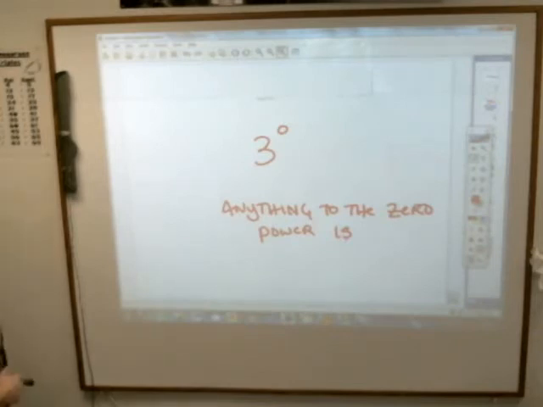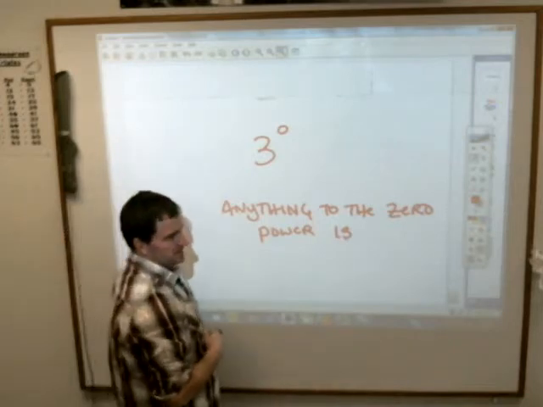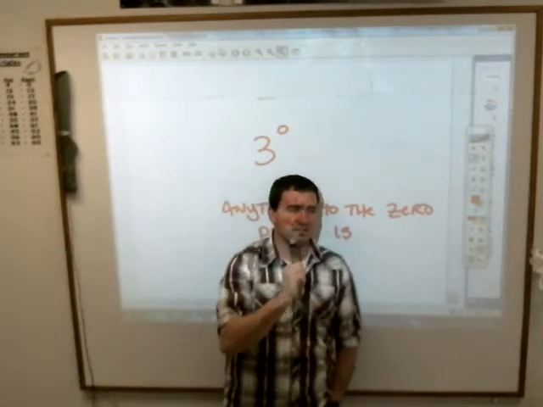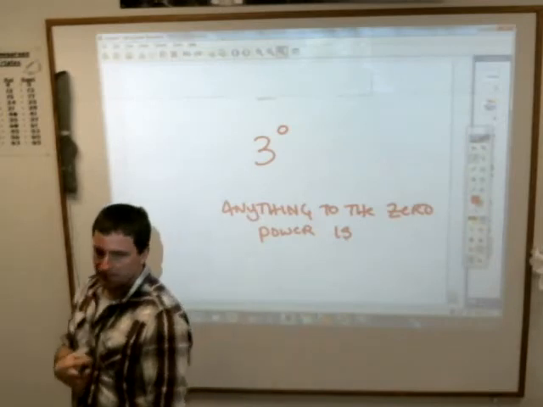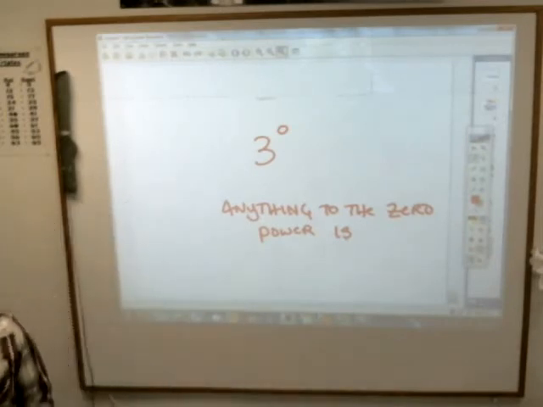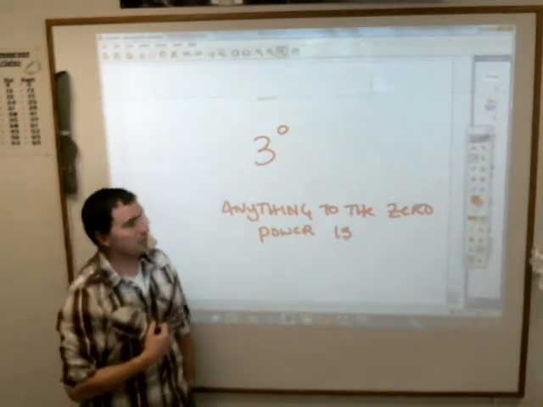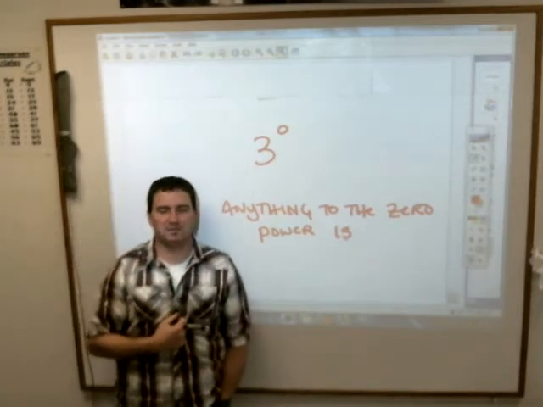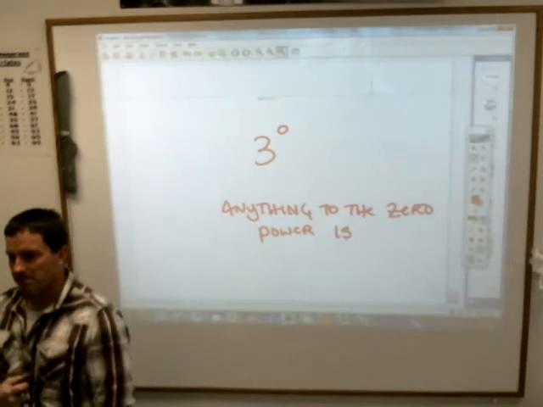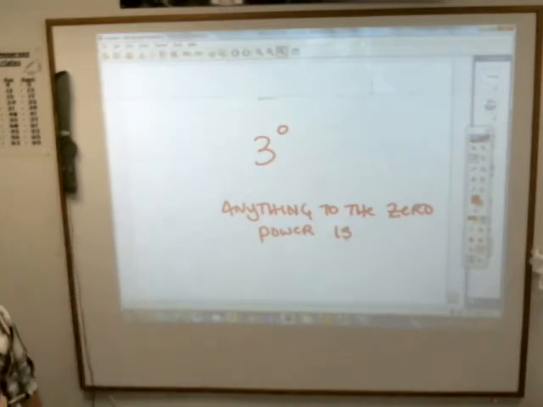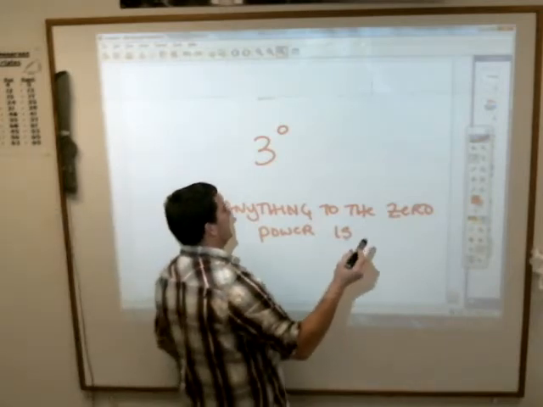Gary? Is it itself? It is not itself. That's what anything to the first power is. Mason? 30? It is not 30. Nor is it 3 degrees. 3 to the 0 power is, Nick? It's self-negative? Nope.